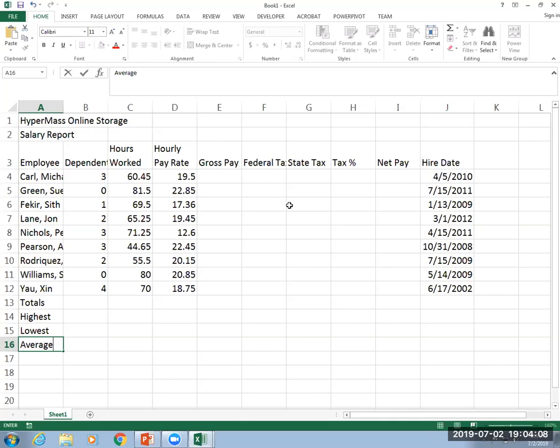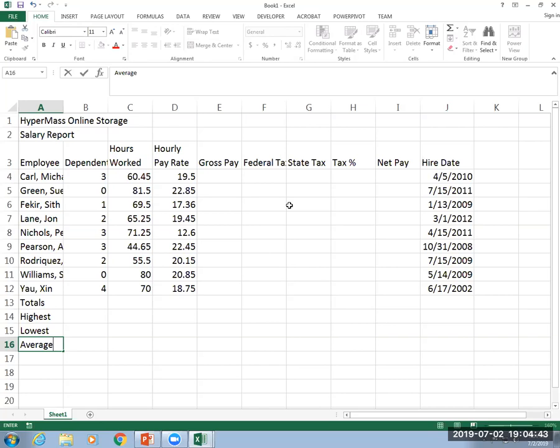And to do the calculations, we need to put in what the formulas are for those calculations. So that's what we're going to do. And if you look at the bottom of page 73, it actually tells us what all of the formulas are that we are going to be doing.